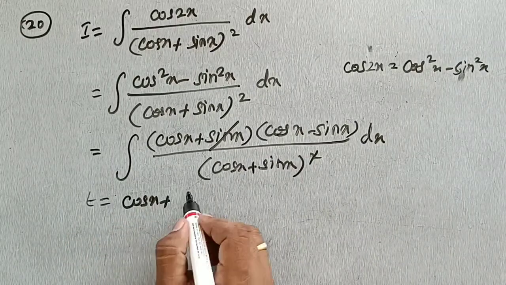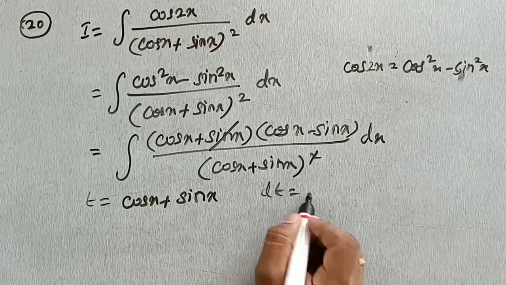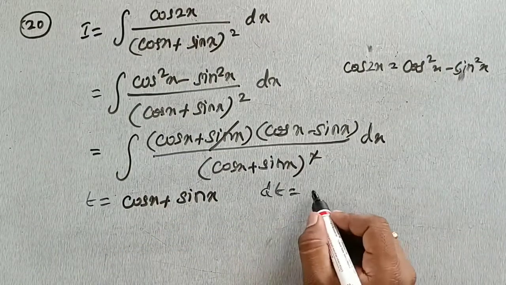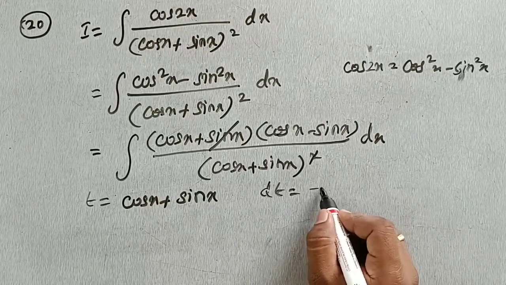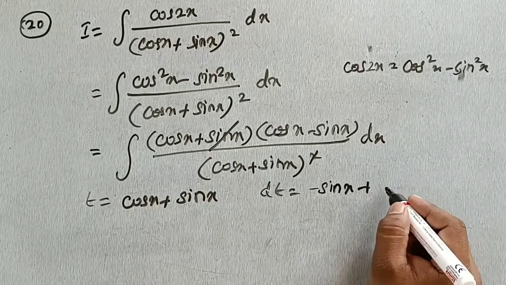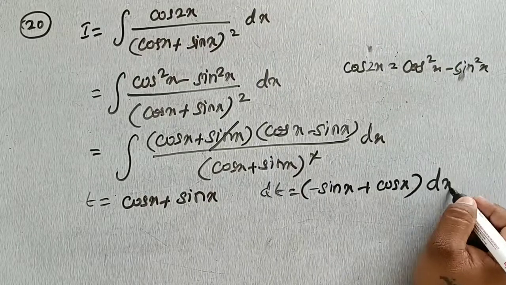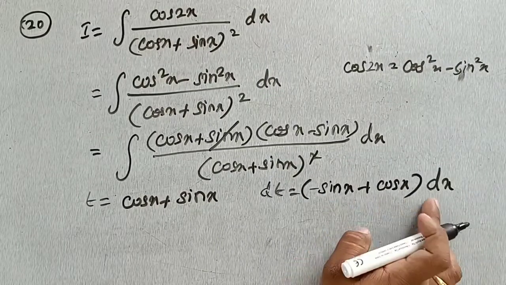So t equal to cos x plus sin x. So dt will be, differentiation of cos x equal to minus sin x, so minus sin x plus differentiation of sin x equal to cos x, into dx, which is nothing but the numerator, cos x minus sin x dx.